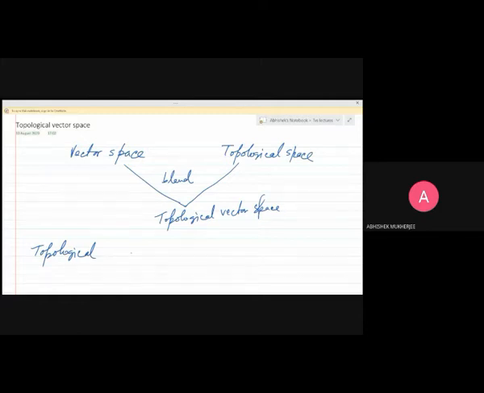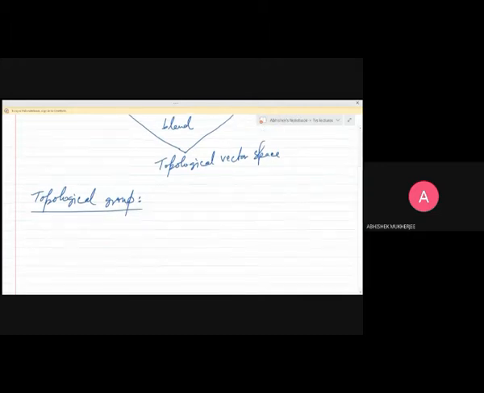So topological group. So what does it mean? So we first consider an abelian group, and suppose we are denoting the composition of the group by plus. Since it is abelian, we are going to denote the composition by plus.